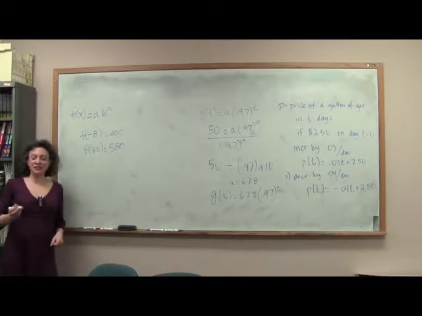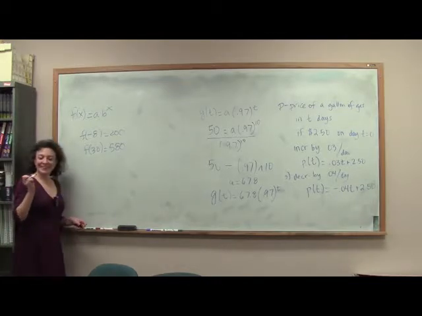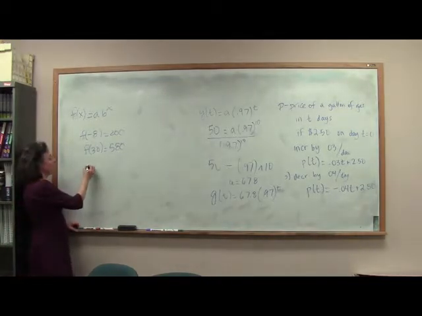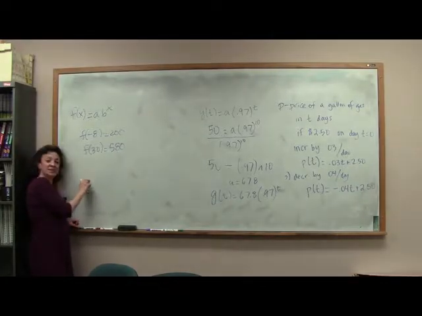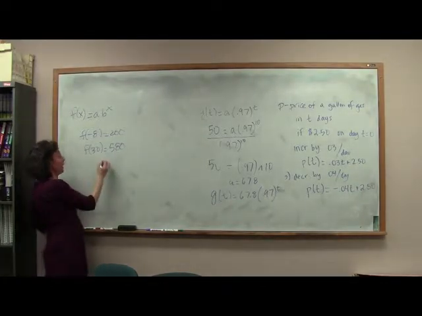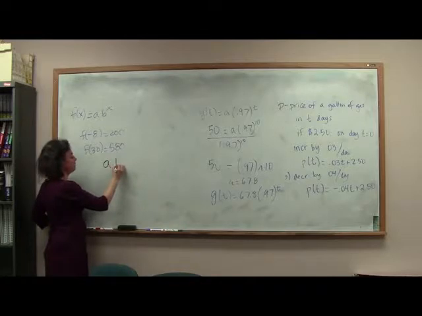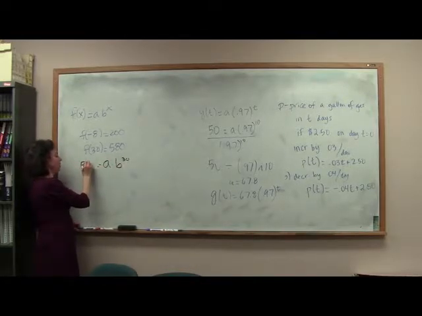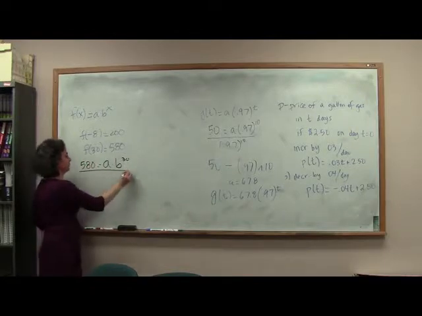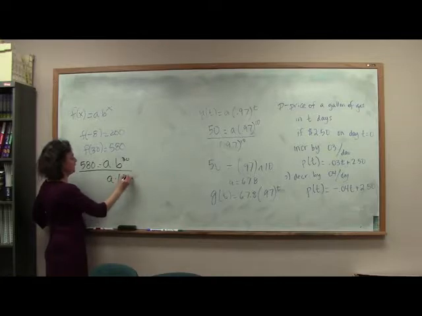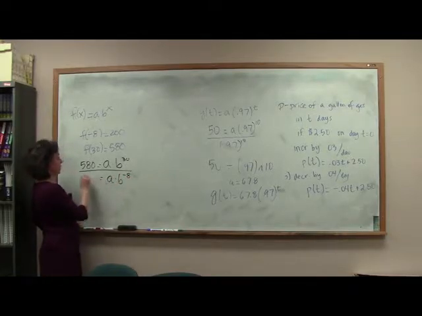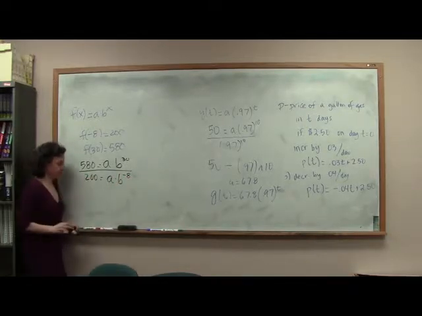Well, again, I'm going to write these as ratios. I know that a times b to the 30th is 580. I know that a times b to the negative 8th power is 200.